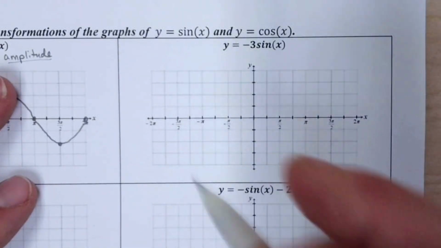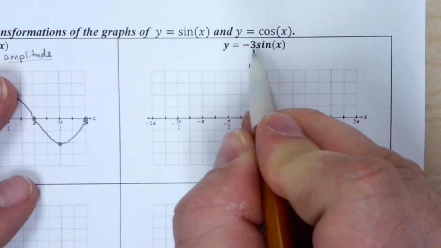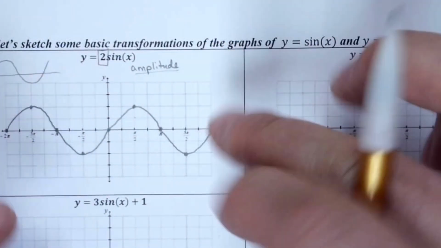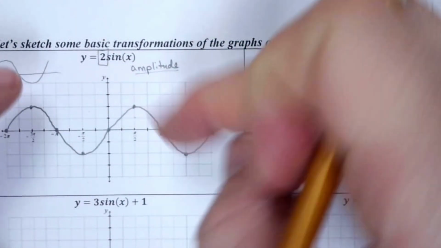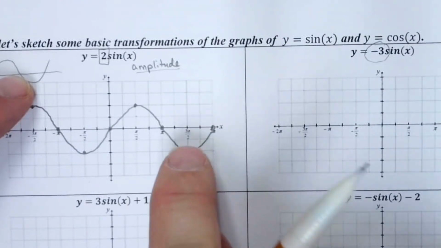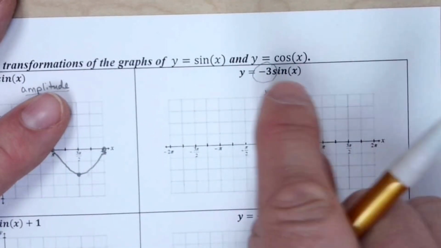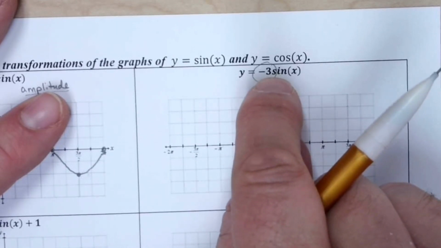This one, they're 3 times as tall, but they're upside down. So what's going to happen is this wave is going to invert, and what's up is down, and what's down is up. So this 3 is going to make the amplitude 3, but that negative is going to flip the waves upside down.